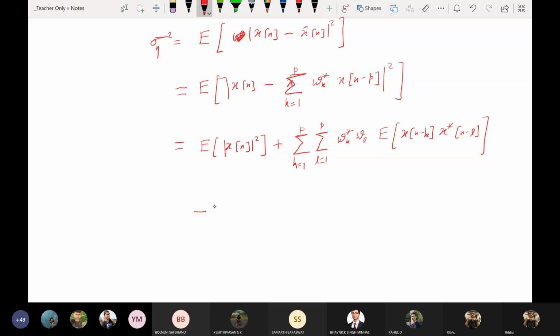So this is the same as that, minus summation k equal to 1 to p wk conjugate expectation of xn xn minus k conjugate, minus summation k equal to 1 to p wk expectation of xn xn minus k conjugate.